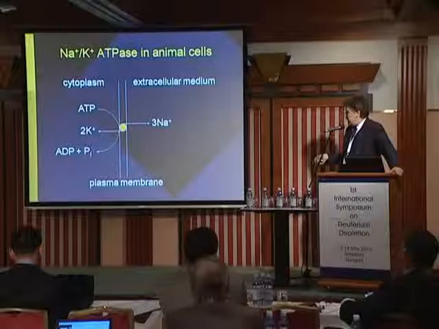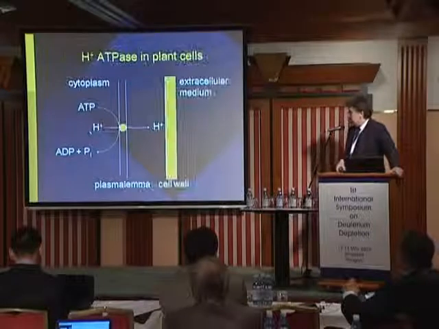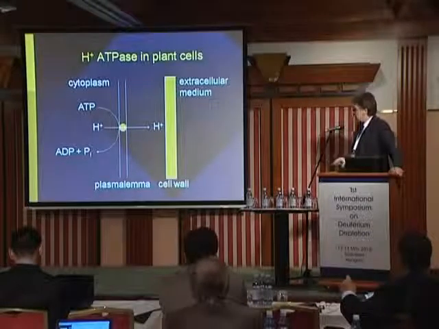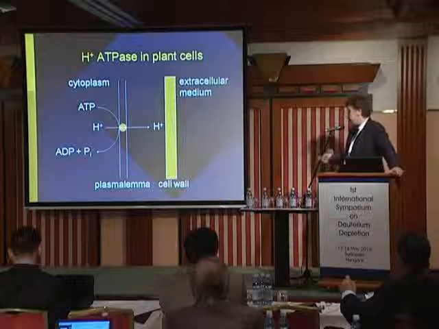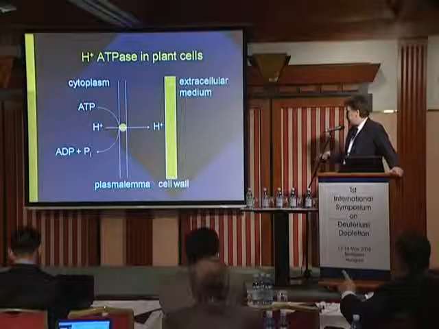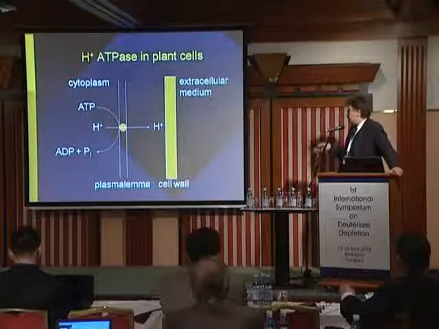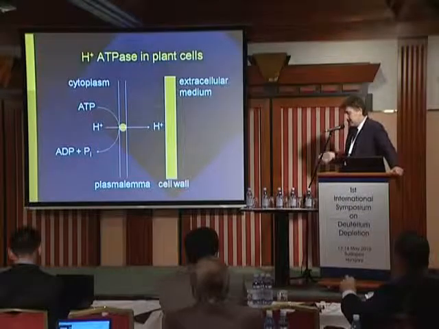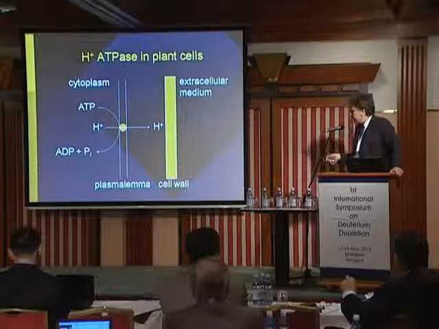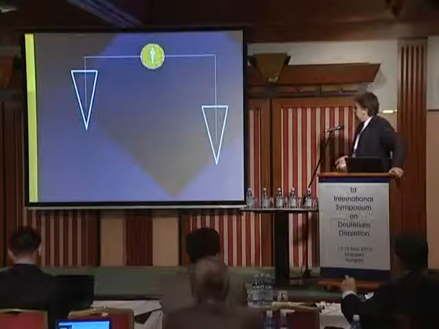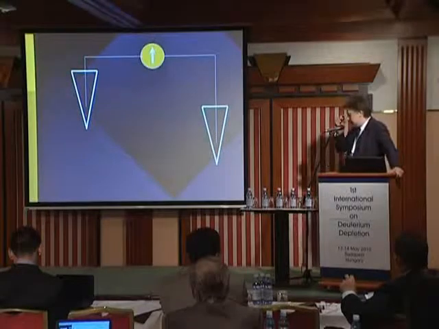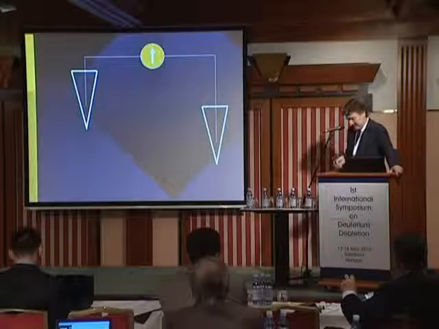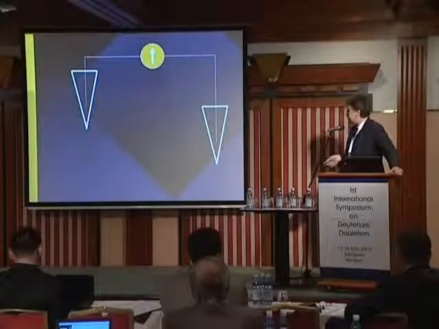Plant cells do not have this pump in their plasma membrane. They have this proton ATPase, and they also have a cell wall. And it is this proton ATPase which contributes to the membrane potential in plants. And this membrane potential traditionally can be measured with electrophysiological techniques.